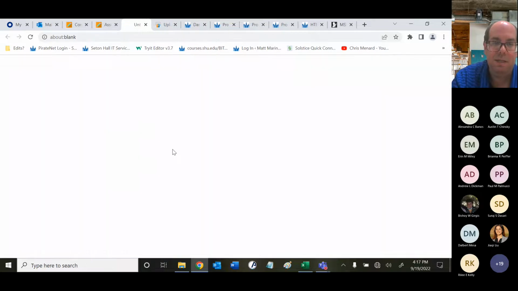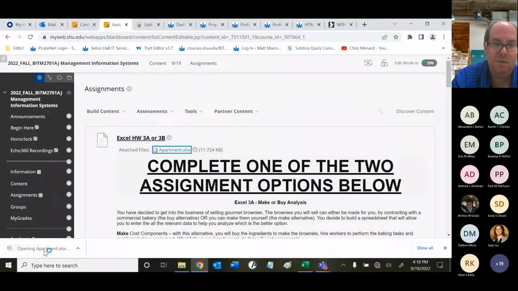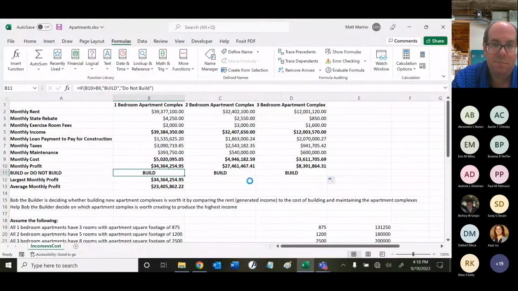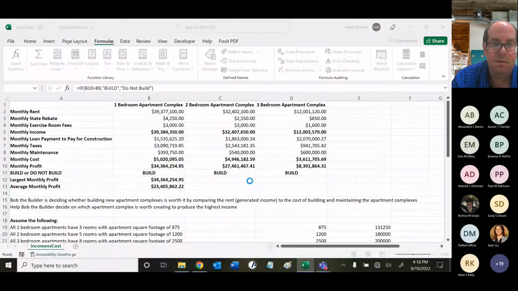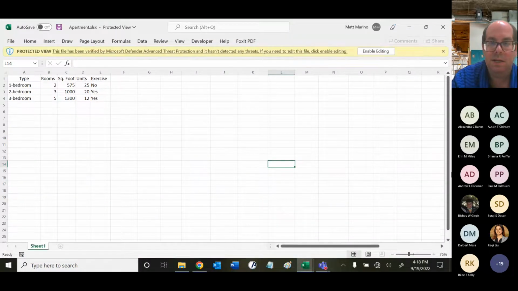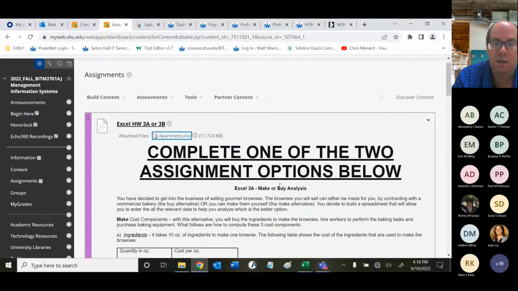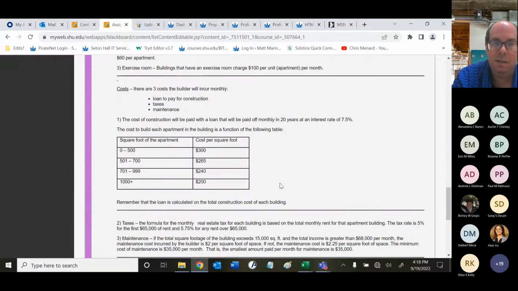And then the apartment example has a file here that's like this. But like I said, you could use the example from class and just, again, change based on the assumptions listed.